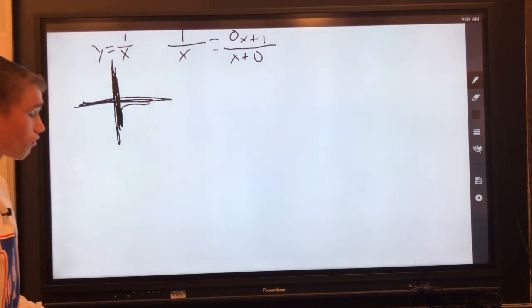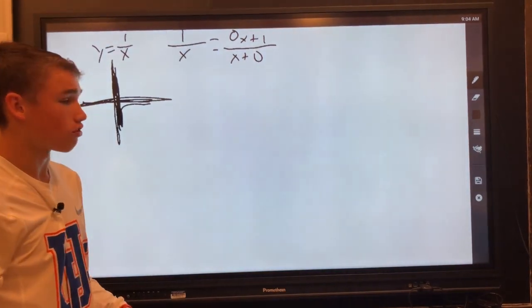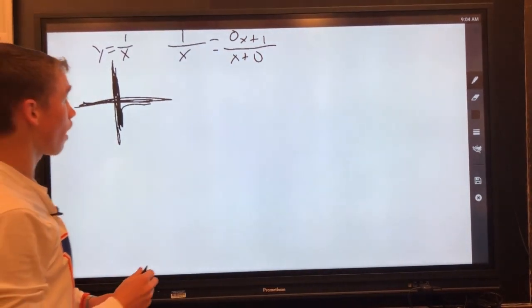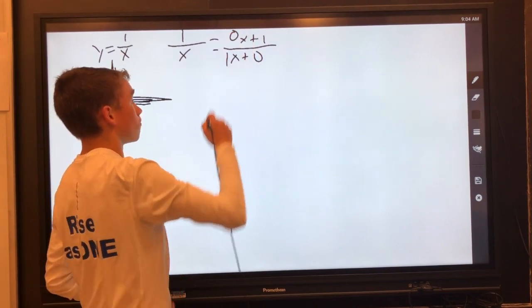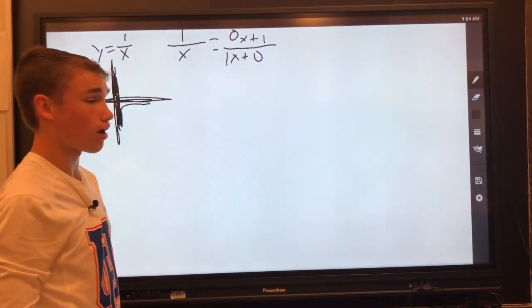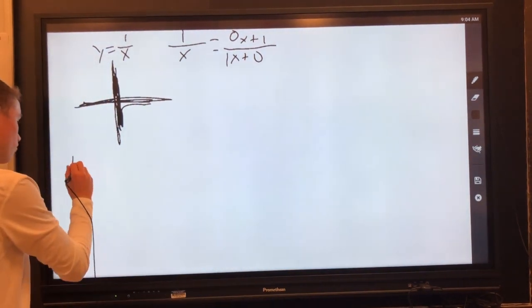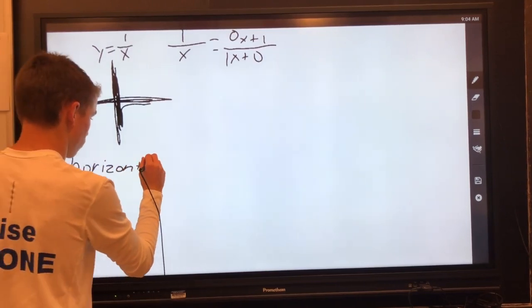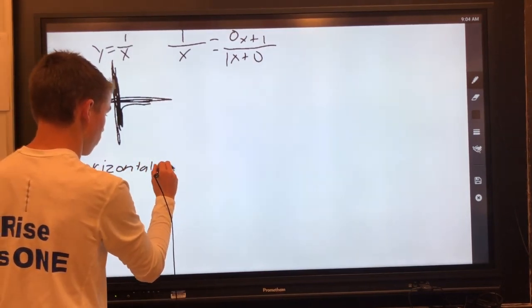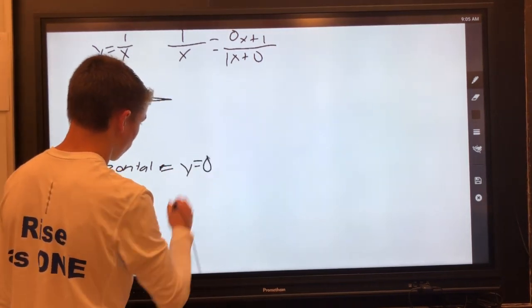The way you find the horizontal asymptote is you take the highest degree of the function and you divide them. So in this case, it would be 0x divided by 1x. That is equal to 0, so the horizontal asymptote is y is equal to 0.